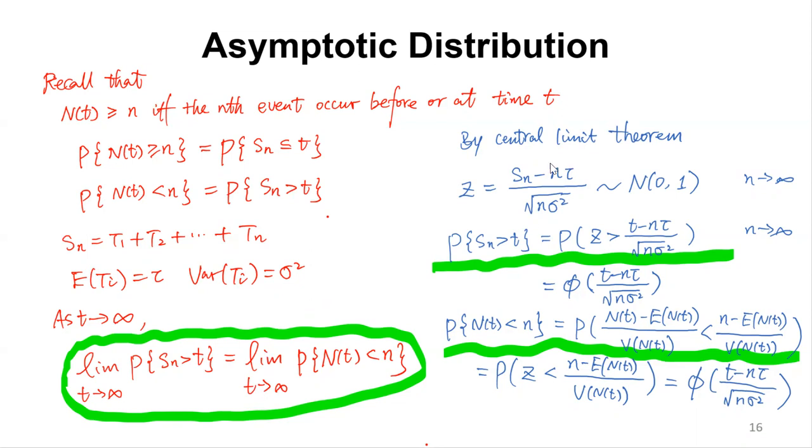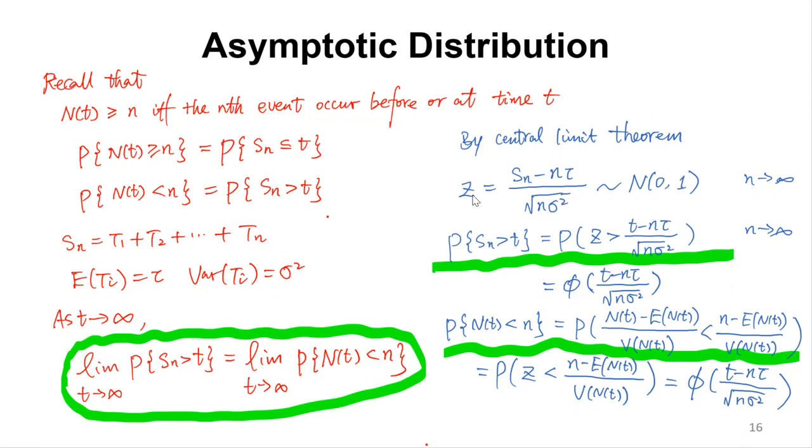So by the central limit theorem, because this is a summation of n random variables, each one distributed with mean tau and variance sigma square, Sn is approximately normally distributed with mean n tau and variance n sigma square. So the standard deviation is the square root.